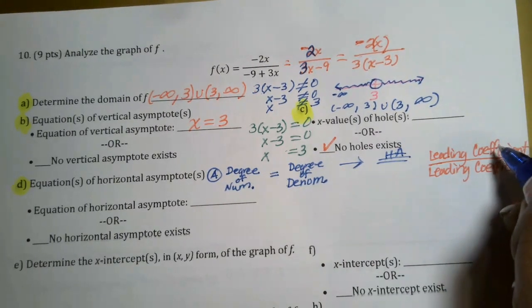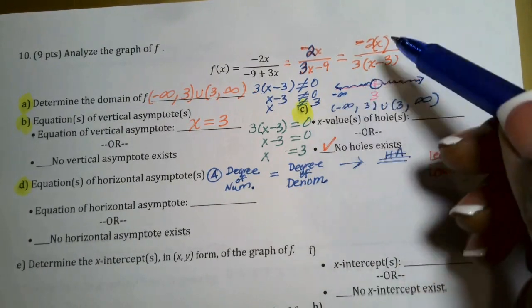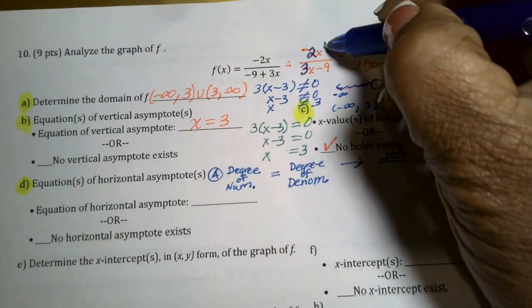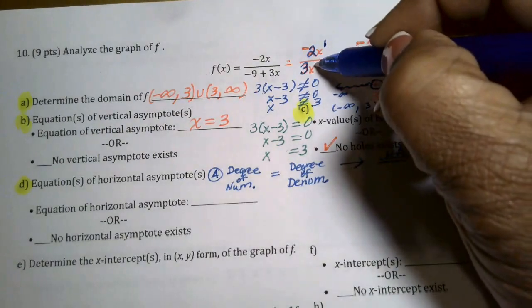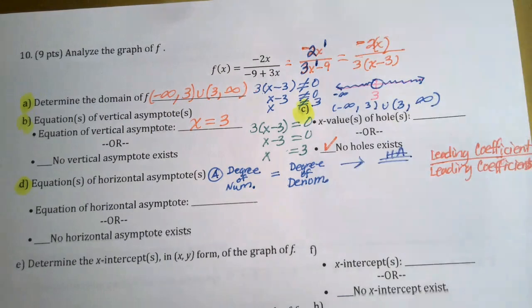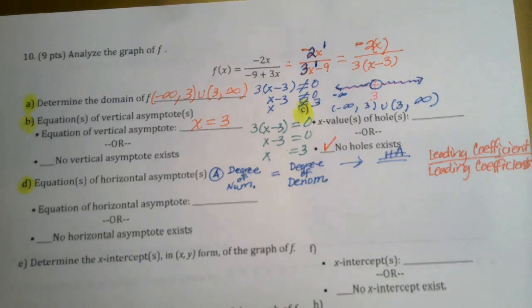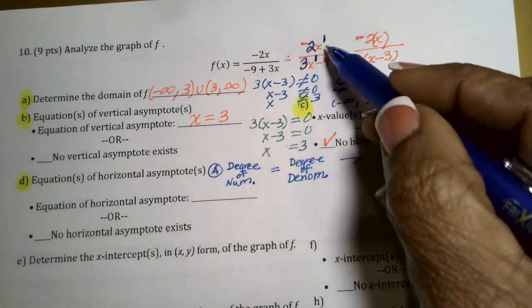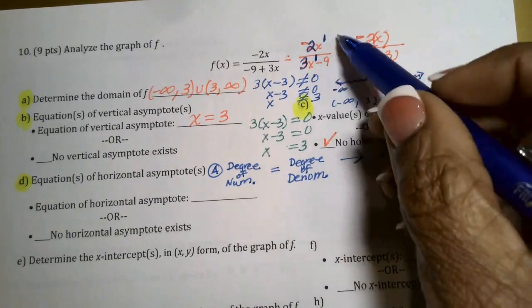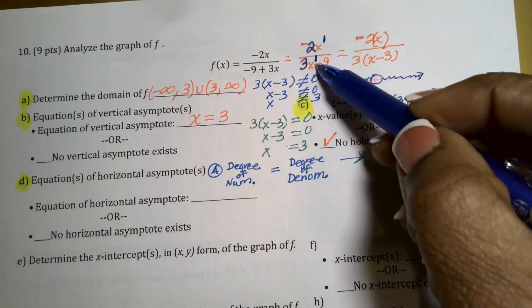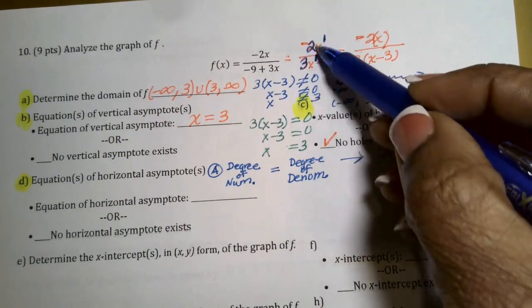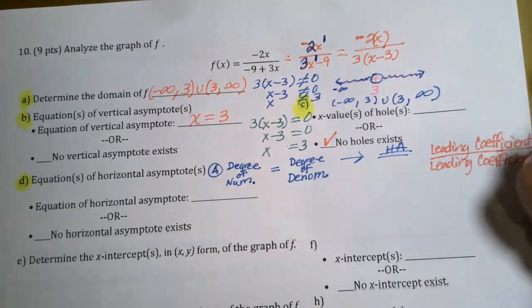So now the equation of the horizontal asymptote, and that's what's happening here. Our degree of the numerator is 1. Our degree of the denominator is 1. It's the highest power on x. This is the only power on x that's here now, except for the understood 0. So since these are our leading coefficients and the degrees are equal, 1 equals 1, now we just divide the coefficients, -2/3.